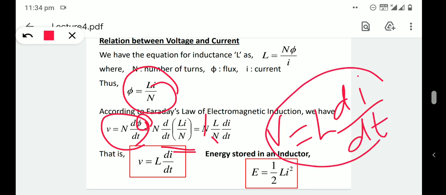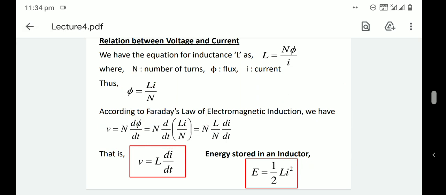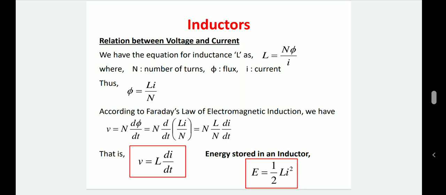So this is the relation between voltage and current for an inductor, that is, voltage is directly proportional to the derivative of current. This is just opposite to capacitors. In capacitors, current is proportional to the derivative of voltage, and in an inductor, voltage is proportional to the derivative of current. Then again, energy stored in an inductor is given by half L i squared.